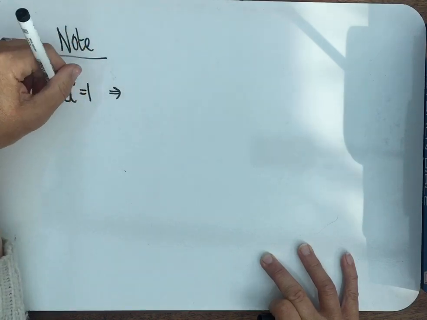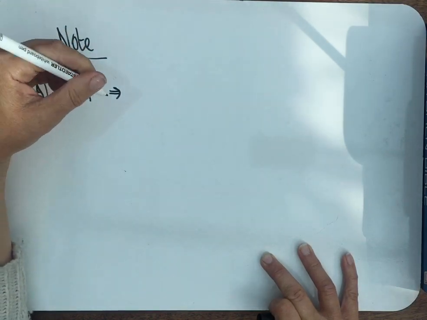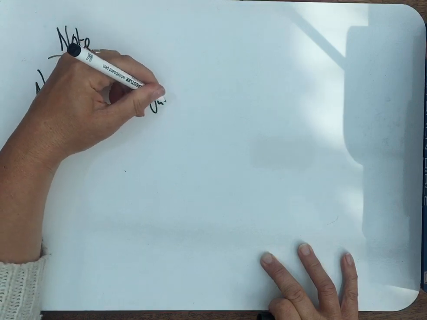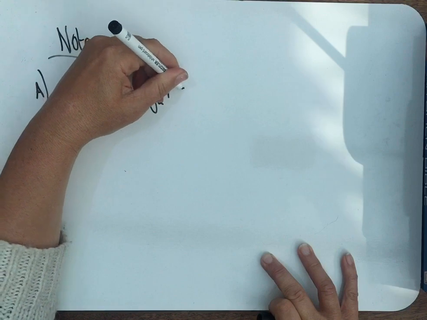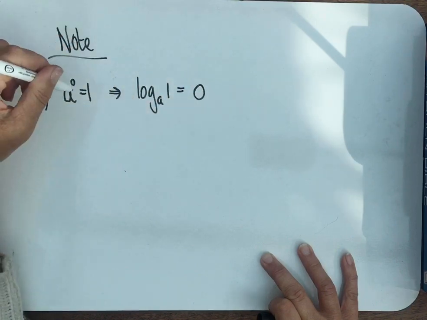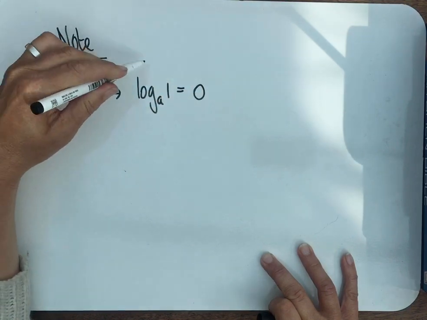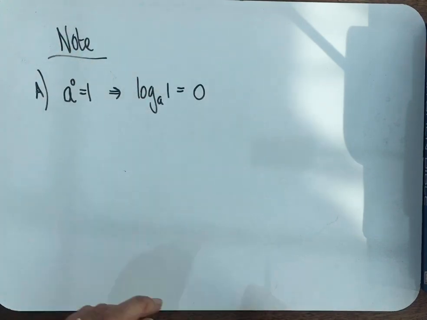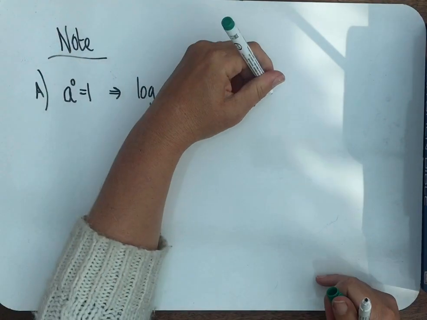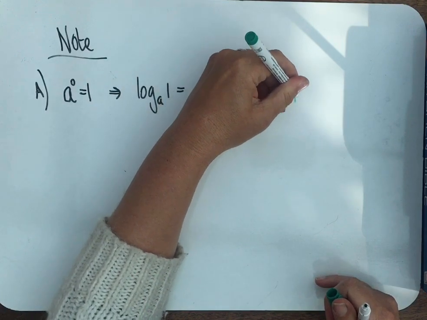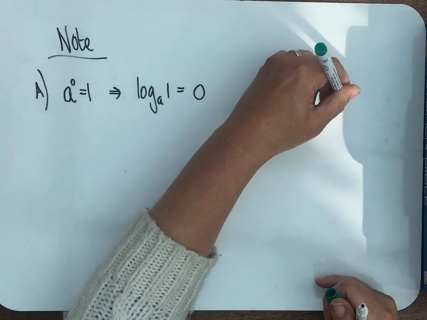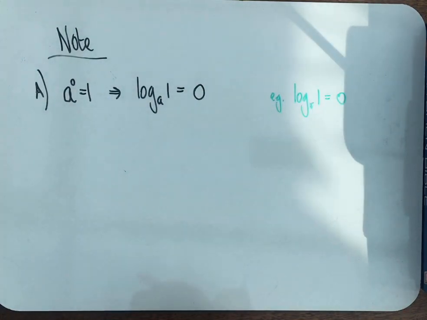Which, remember, a is a positive constant for these. So log to the base a of 1 is equal to 0. So that's just rewriting this power as a logarithm. So whatever your base is, log of 1, I could have written anything in there, log 1 equals 0.